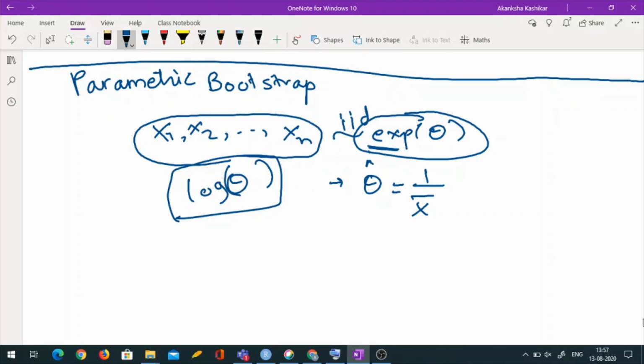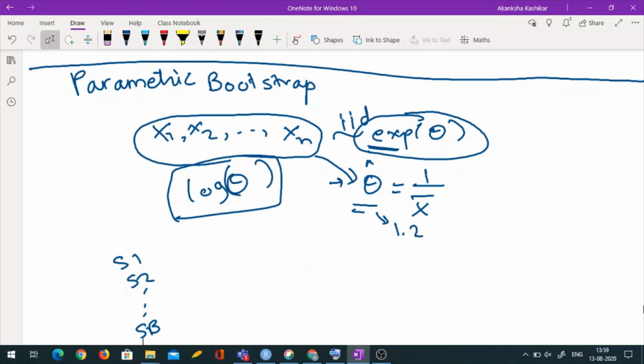So I will first get theta hat from the sample. Suppose my theta hat turns out to be, say, 1.2. Then I want to get S1, S2, ..., SB, because that is the entire bootstrap business.